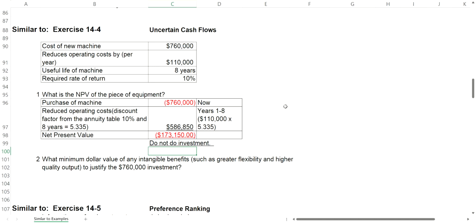Now, it may not always boil down to money or return. What about some intangible benefits, such as greater flexibility, higher quality of output? What's the dollar value of that? Well, to do that, you can take the net present value, which is a negative 173,150, and divide it by the discount factor that we found on the annuity table when we looked up 8 years and 10%, and right here, that's 5.335.